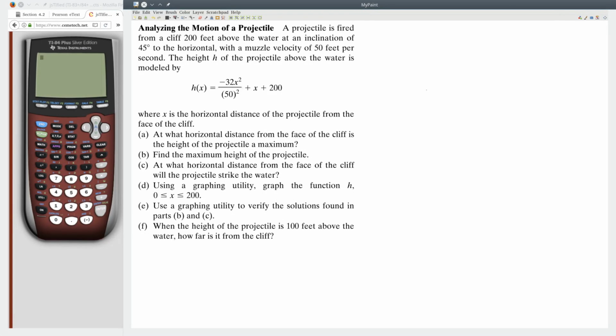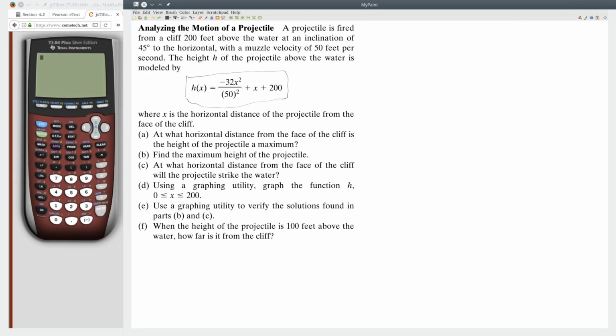This is another problem on quadratic modeling, and what we have is a quadratic function right over there, h of x, and it models the height of a projectile above water with respect to the place where it was fired from.